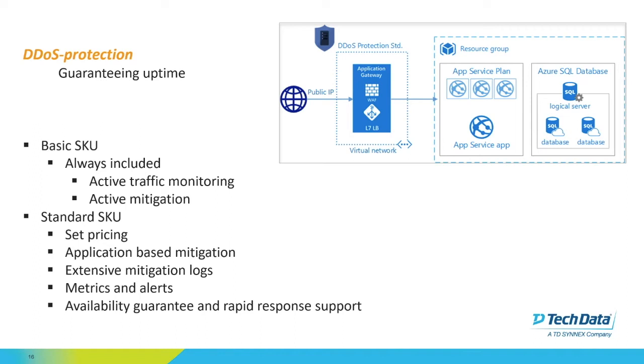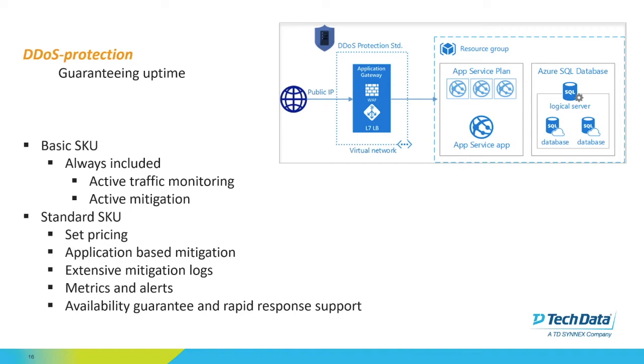But with that, we get application-based mitigation, which means that we will have mitigation that is over time adapting to the traffic flows that your applications have. And you are activating the DDoS for the whole subscription. So that's good to know. And with this premium, you also get metrics and alerts that you can act on and maybe integrate with your own system, be that a SIEM system or whatnot.